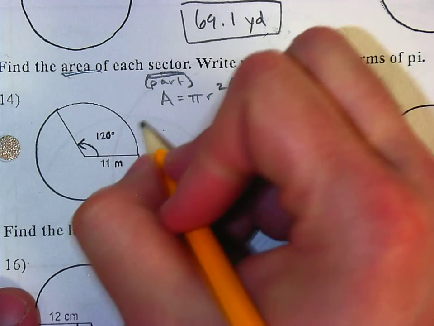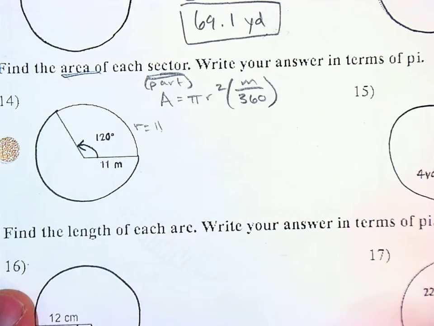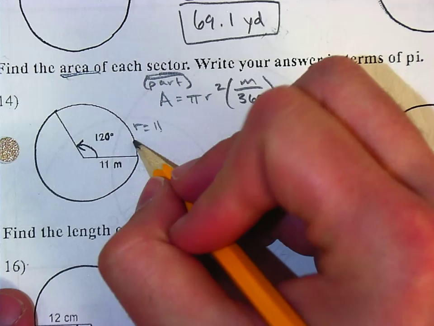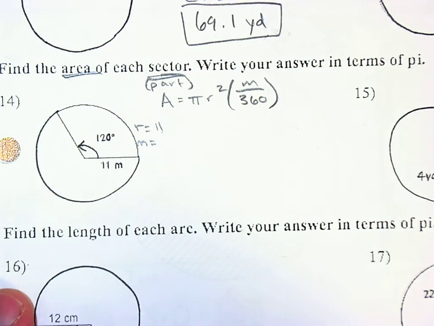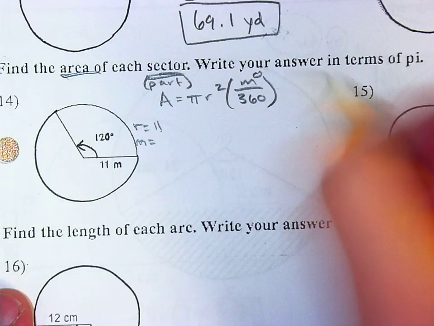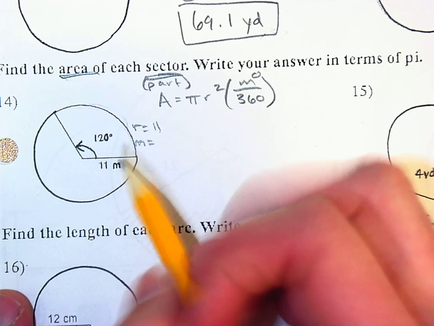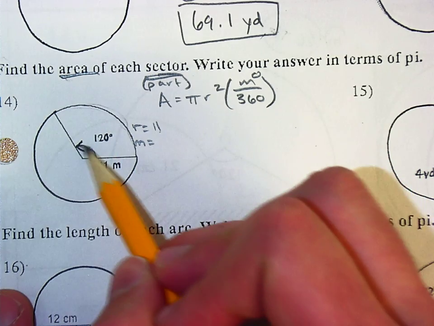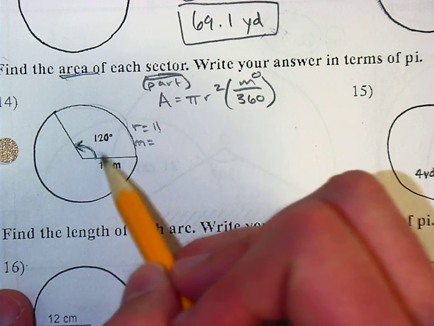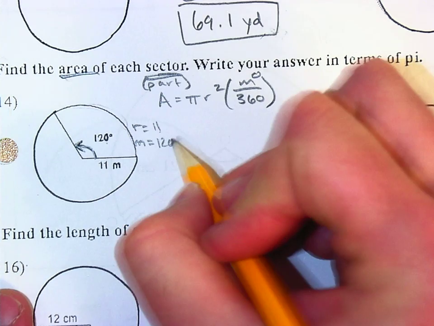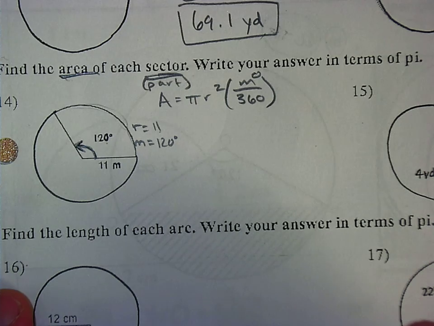We know r is 11 here, but we also need m. Now, m is the measure of the arc in degrees. Here's the arc. It equals this central angle right here. This central angle is 120, so m is 120 degrees.